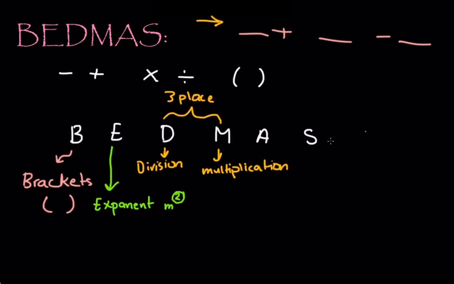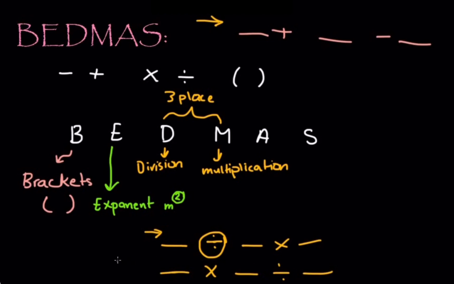So let's say we have something divided by something else times something else. When we start from the left, we see the division first, so we do division first, then multiplication. But if it was something times something divided by something else, we see that the multiplication comes first from the left. So we do that first, and then we move on to the division.